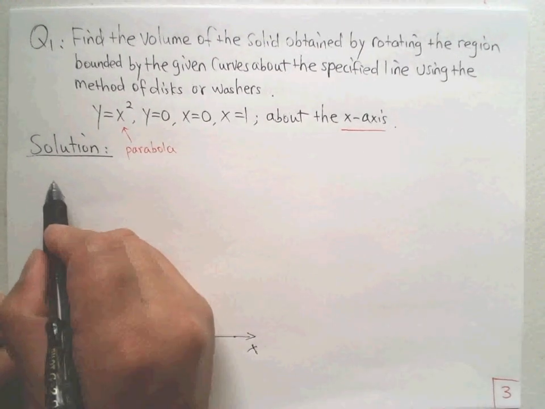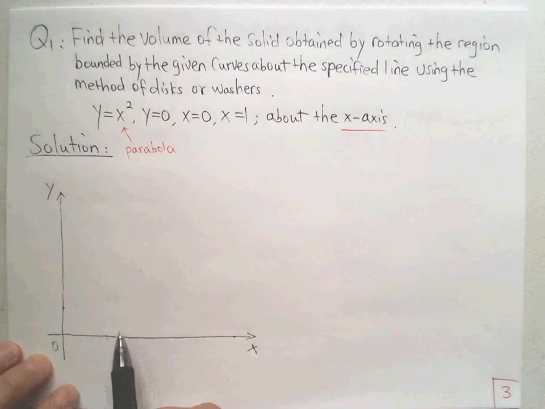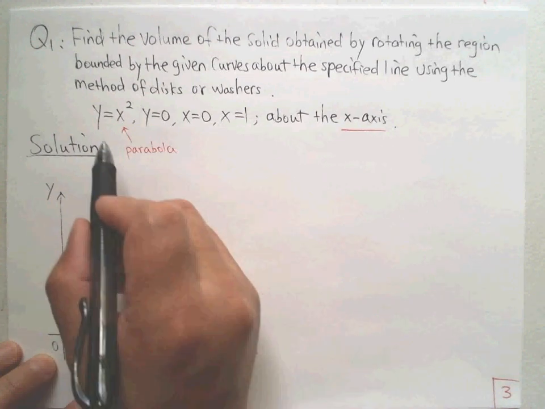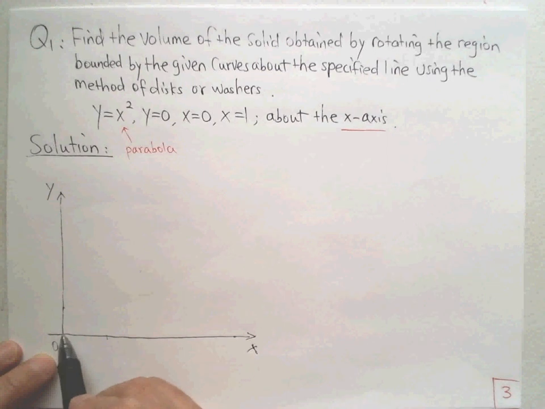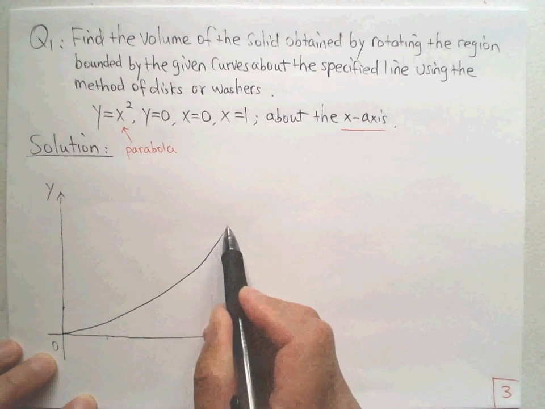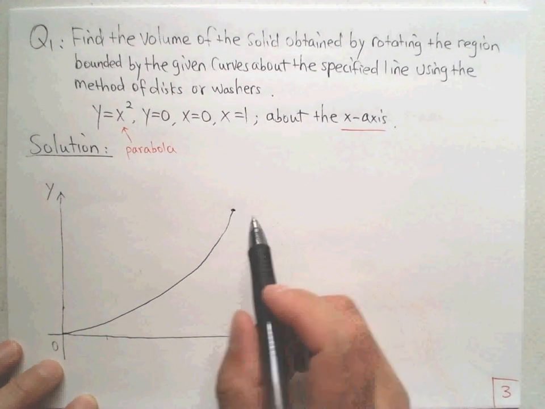I draw this first: y equals x squared. I draw this parabola opening up, y positive. I roughly draw it like this. It goes up and up. I'll stop here.